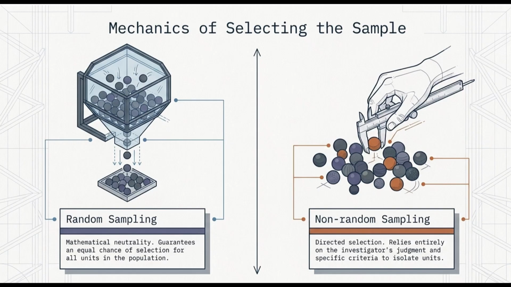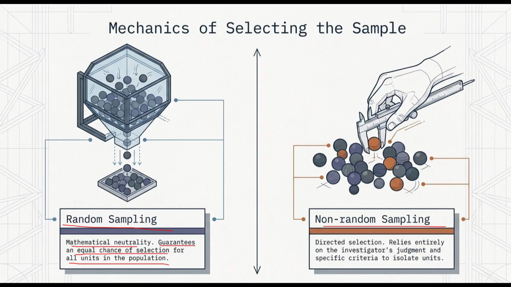Now, let's see how to select the sample. There are two major ways to select a sample: random sampling and non-random sampling. Random sampling is the mathematical neutrality that guarantees an equal chance of selection for all units in the population.